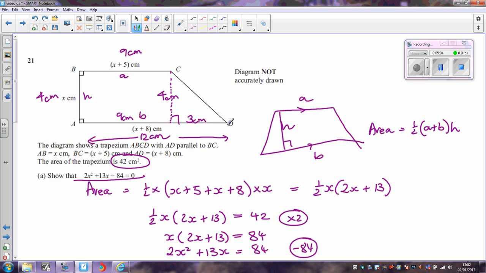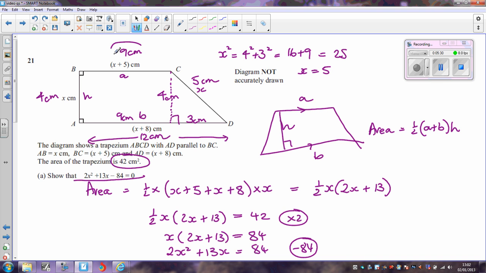I should know that this is 5 centimeters because a 3, 4, 5 triangle will always be right-angled. Failing that, I could use Pythagoras. I know that x squared, the hypotenuse squared, is going to equal one of the short sides squared plus the other short side squared. So that's 16 plus 9, which comes out as 25. And if x squared is 25, then x must be 5. So this is now 5 centimeters.